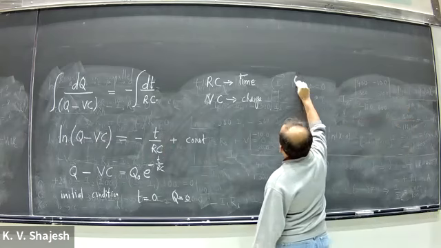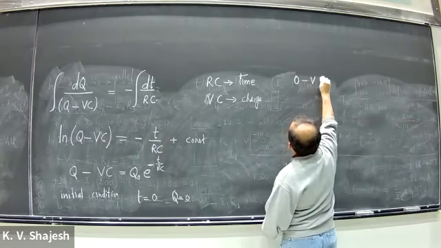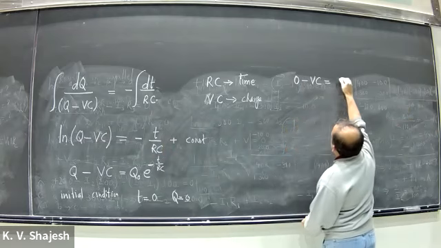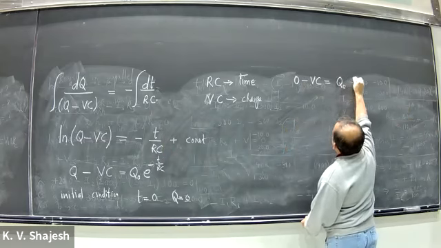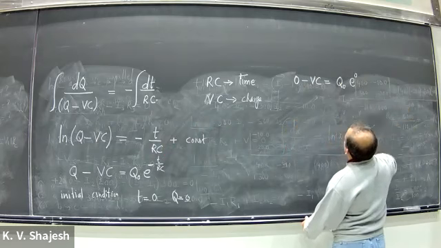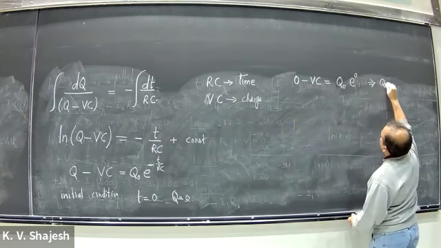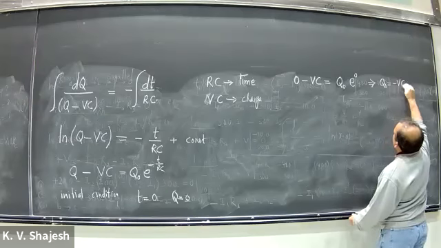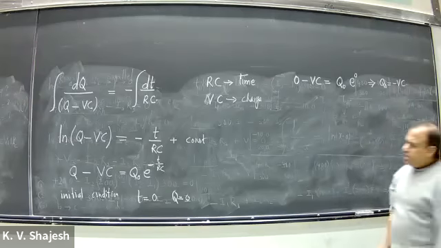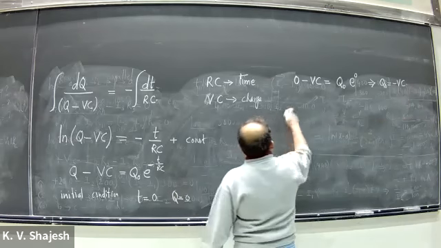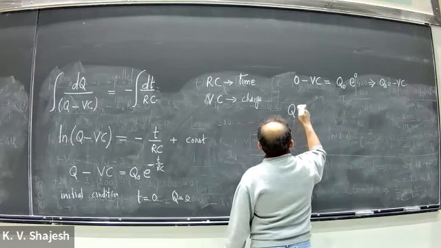So that tells me that 0 minus VC is equal to Q naught times exponential of 0, because that's the time. That immediately tells me that Q naught is equal to minus VC. Put that in here, I get a solution for charge.